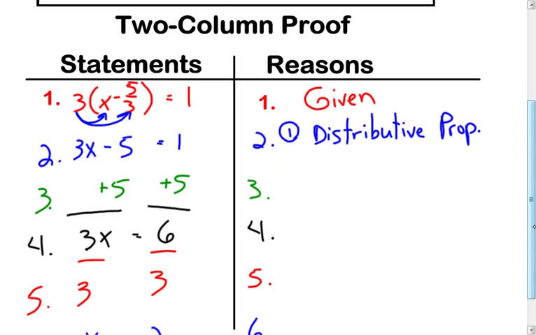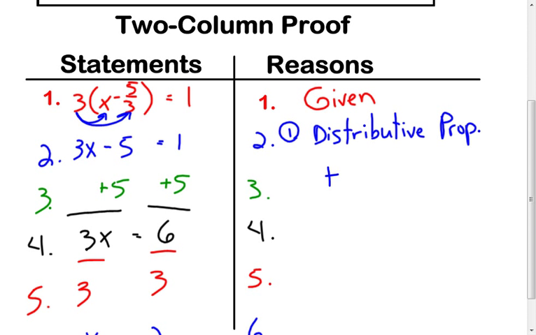Moving my way down, the next step in solving my equation, notice, I added 5 to both sides of my equation. Left side, right side. So if you remember back to those properties we had, this would be referred to as the addition property. And I'm actually going to abbreviate this as well. I'm going to use the plus sign.